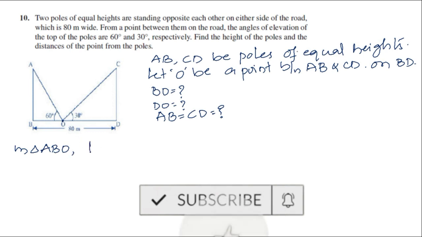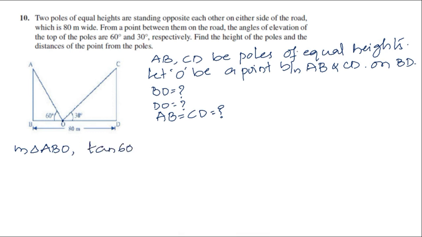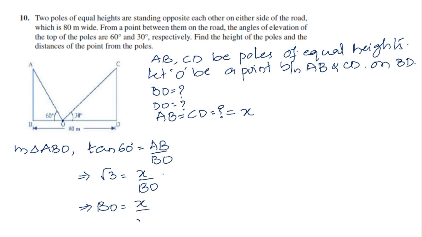In this triangle, tan of 60 degree is AB upon BO. Let me take AB equal to CD equal to X. So root 3 is equal to X upon BO. We get BO to be X by root 3.